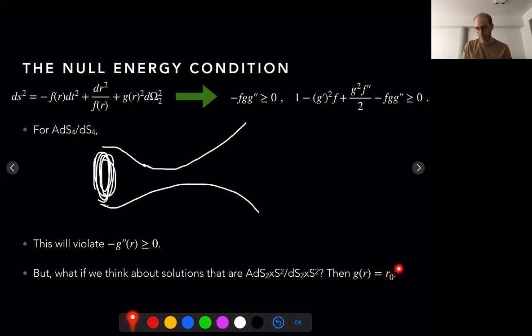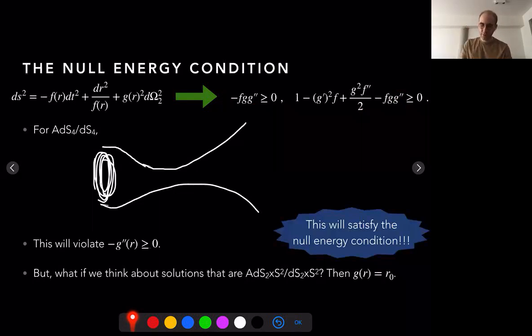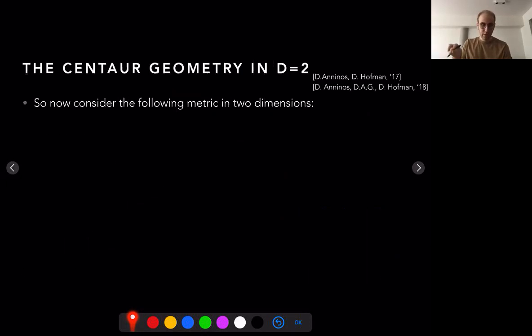This R0 is the same, well, Joaquin was yesterday calling it phi naught, the large constant value of the dilaton. And we can also add a small running to this g of r, and that will also satisfy this null energy condition. Okay, so this satisfies the null energy condition.